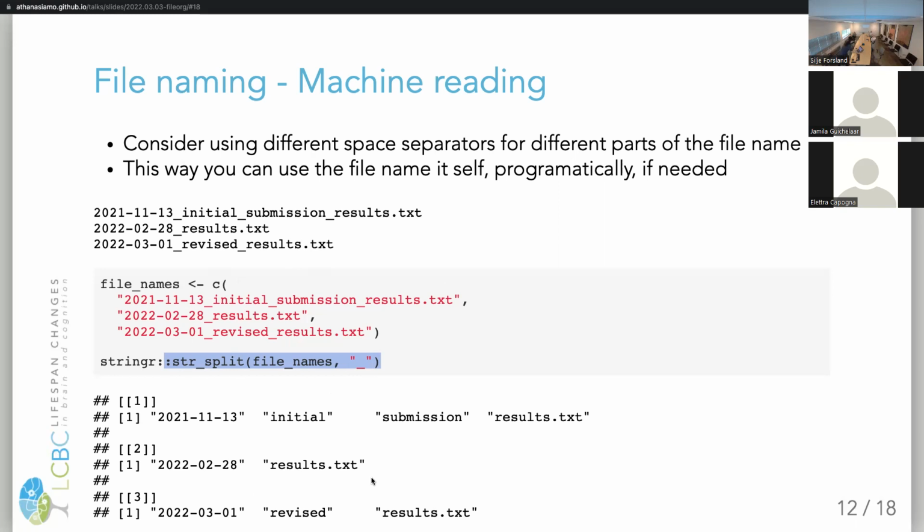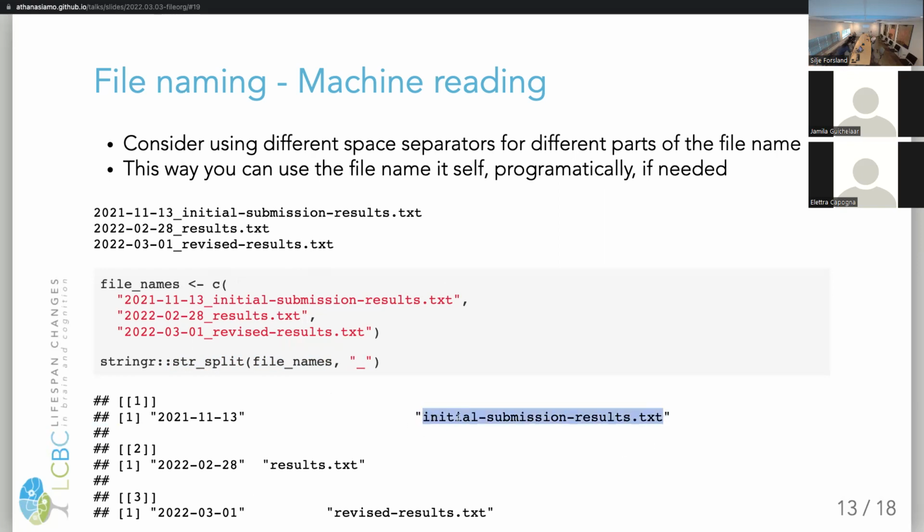But if instead of using the underscore for the white space between the words in my text, I use the dash, I could very easily separate the date part of the file name from the explanatory part of the file name from each other, and always access the same type of thing no matter what. So in the first result, it's always the date, and in the second, it's the text information.